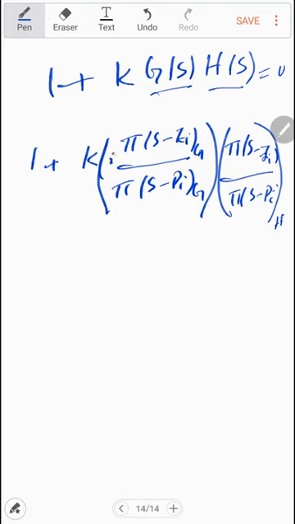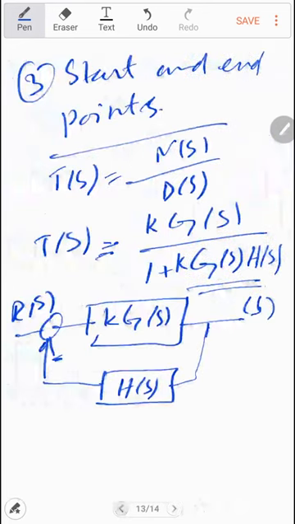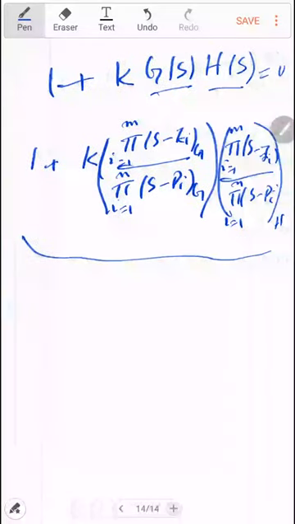The zeros run from i equal to 1 to m, and the poles from i equal to 1 to n, which means that we have m zeros and n poles in both the forward transfer function as well as the feedback transfer function, and this is the characteristic equation of the closed loop transfer function.